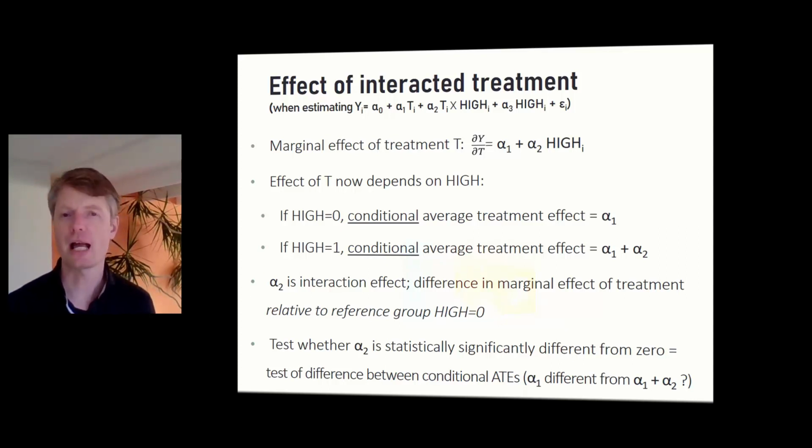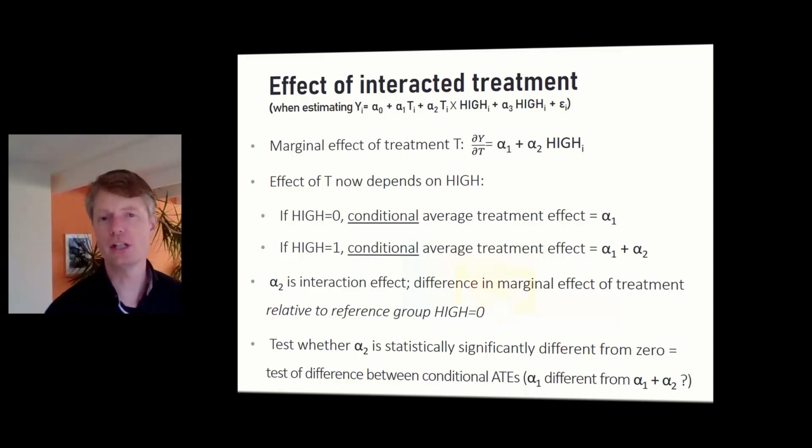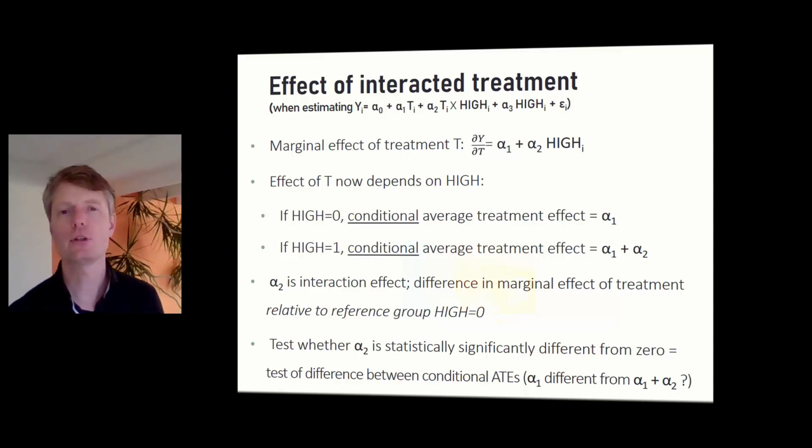Alpha 2 is the interaction effect here, and it shows you the difference in the effect of the treatment for the high is 1 group relative to the high is 0 group. That's the reference group. And if we estimate this fully interacted model, then alpha 2 is a direct test of whether the treatment effect for the high is 1 group is statistically significantly different from the treatment effect for the high is 0 group.